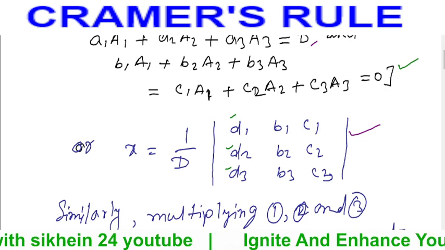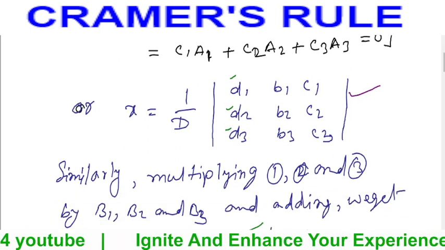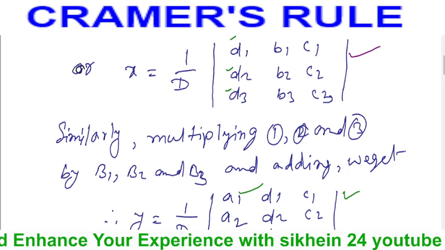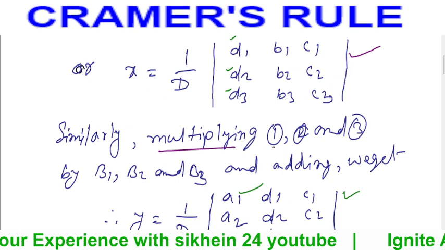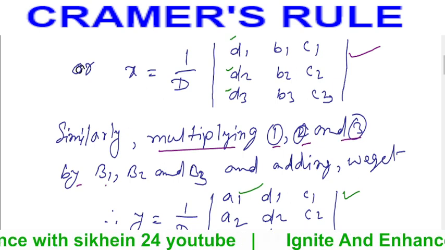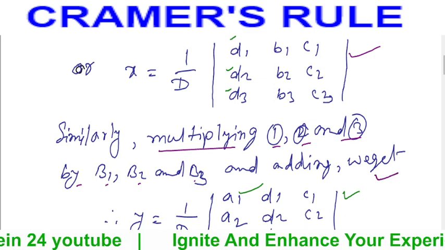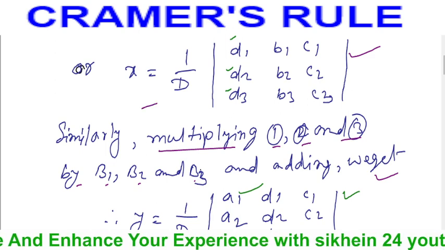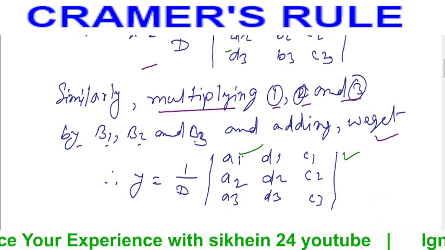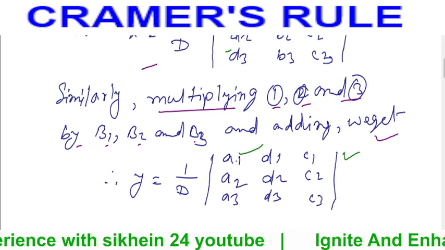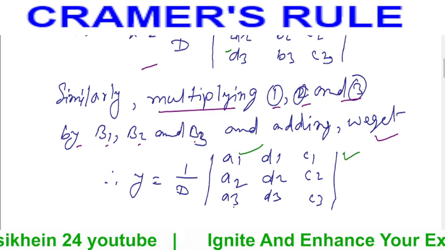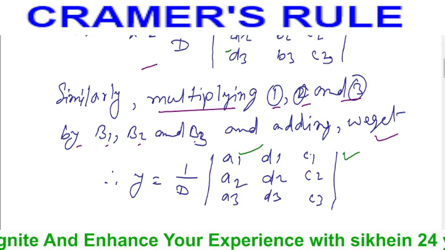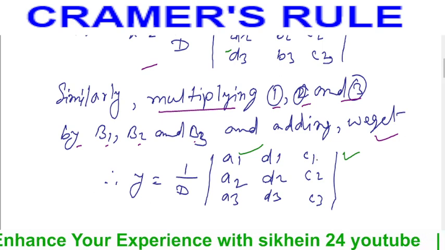Similarly we can do it for y. We multiply by b1, b2, b3 and add, and we get: multiplying equations 1, 2, 3 by B1, B2, B3 and adding, like above, x equal to 1 by D, so y equals 1 by D, and we write the coefficient of x, a1, a2, a3, but the coefficient of y we replace by d1, d2, d3, and the coefficient of z the same as here.